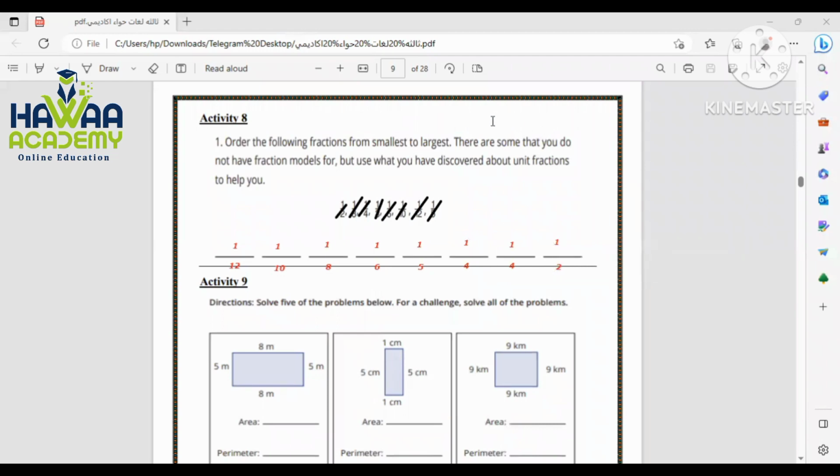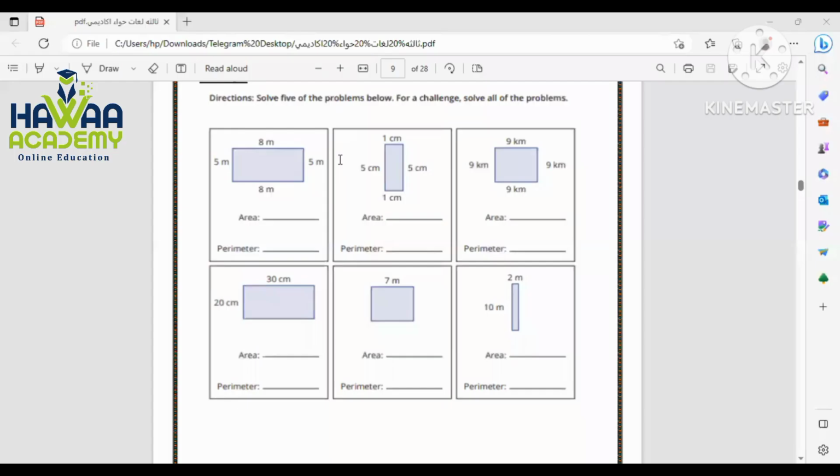Okay, let's see activity number 9. Okay, we will get the area and the perimeter of each figure. The area will be side times side, or here in the rectangle, length times width. So it will be 5 times 8 equals 40 square meters.